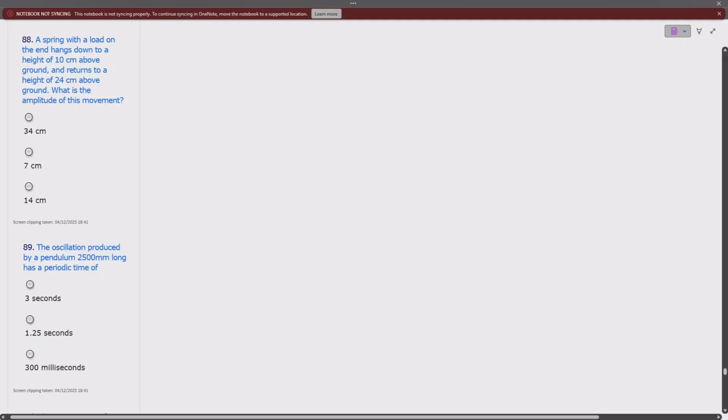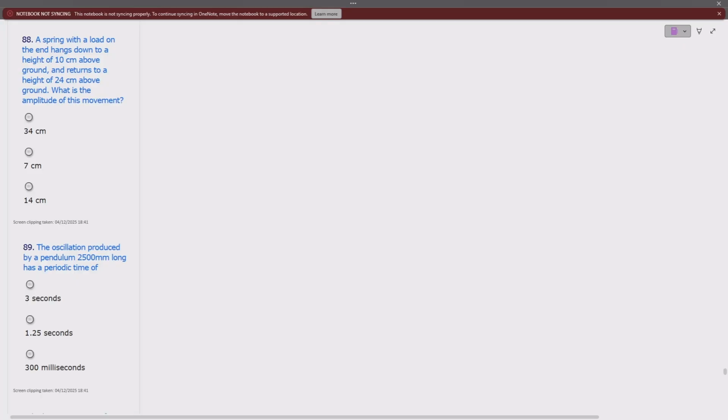Question number 88. This question we've solved before and it looks quite familiar, I think. A spring with a load on the end hangs down to a height of 10 centimeters above the ground and returns to a height of 24 centimeters above the ground. What is the amplitude of the movement? So basically the amplitude is the oscillatory distance divided by 2.